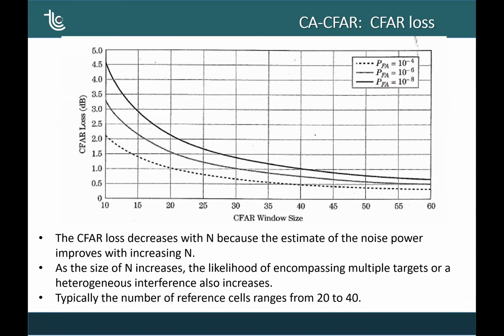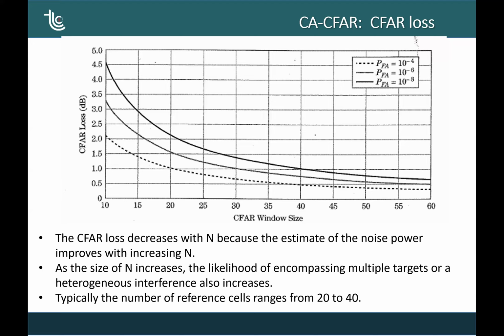Now, let's look here at how the losses in the CFAR detectors change with the dimension of the CFAR window, so the number of samples that we use for estimating the unknown power of the noise. And you see here 3 curves for different values of the probability of false alarm.